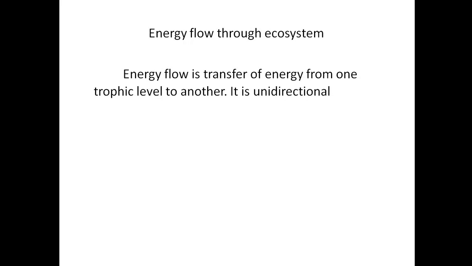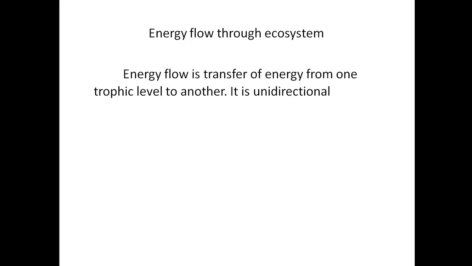The energy is actually the energy which has been captured by the plants from the sun. So this energy flow is unidirectional, meaning it flows in only one direction. That means it will flow from the plants to the primary consumers, secondary consumers and tertiary consumers.